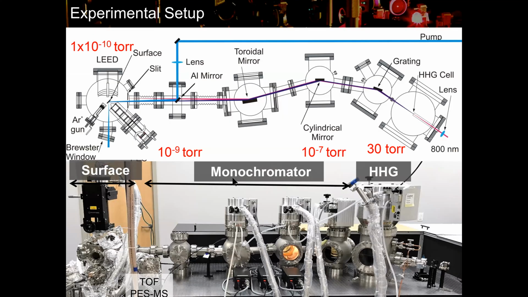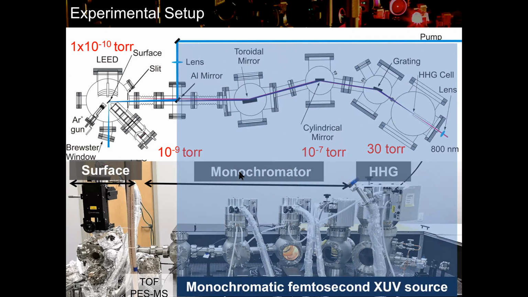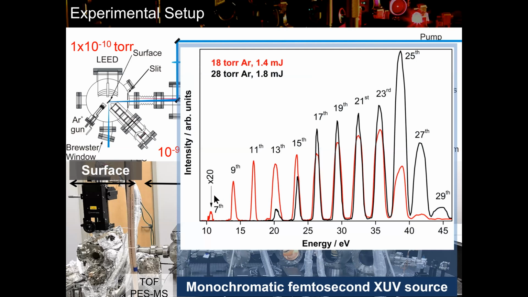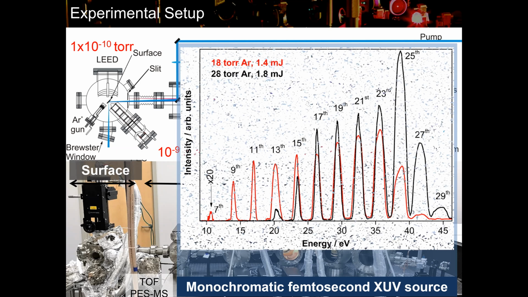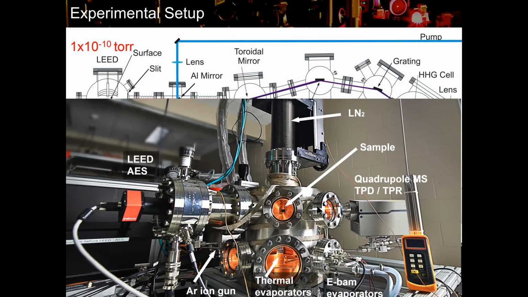These are just different pictures of the setup, just to get an idea. We produce photons that have very high energy, so we can go actually up to 100 electron volts in our laboratory. This is something that we normally use for electron and molecular dynamics, so to look at the motions of electrons and atoms.